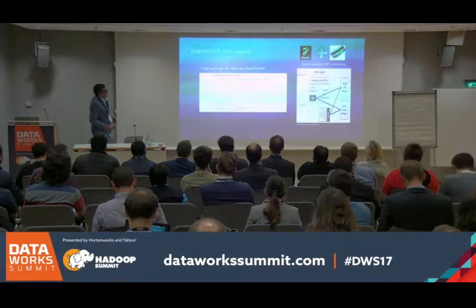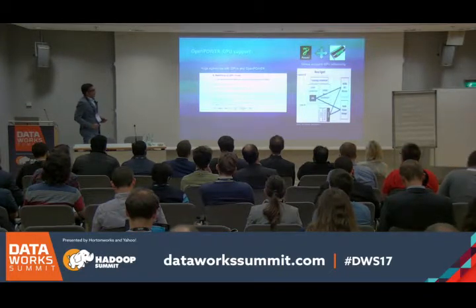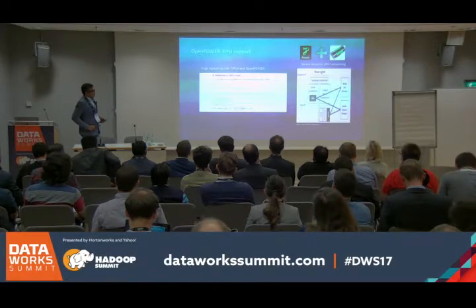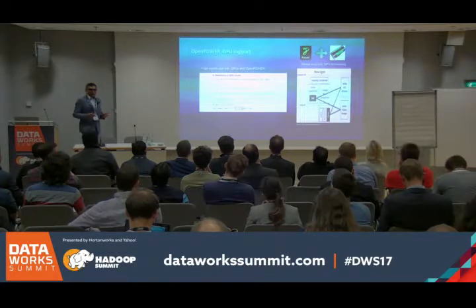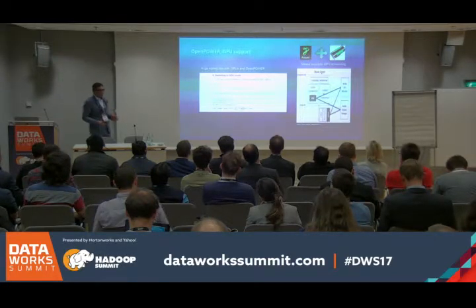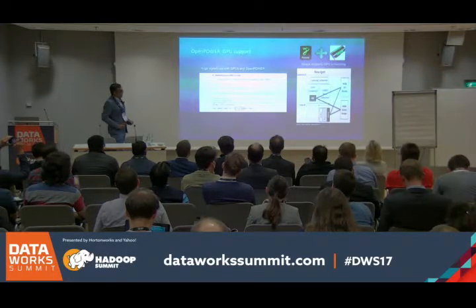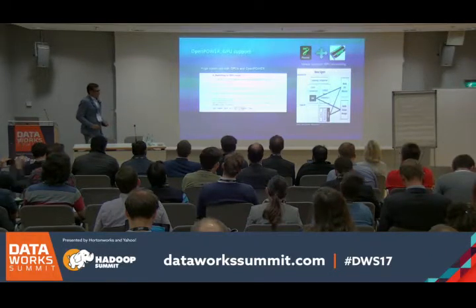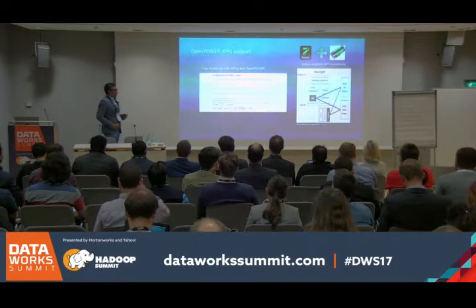So here's an example from the Caffe framework. To switch from the CPU mode to the GPU mode, all you have to do is set mode GPU. And all of the CUDA language program that needs to execute on the GPU to do a deep learning classification is automatically executed for you, and the data is transferred automatically to the GPU, and you get your results back a lot faster.